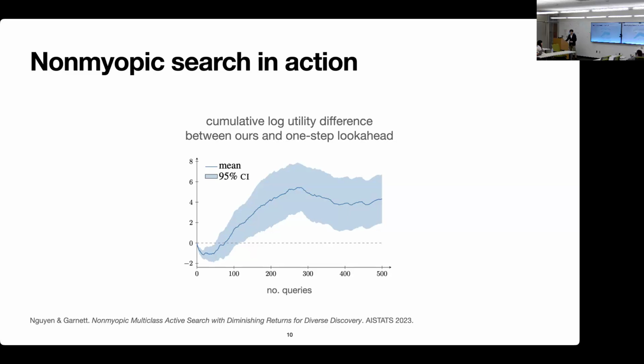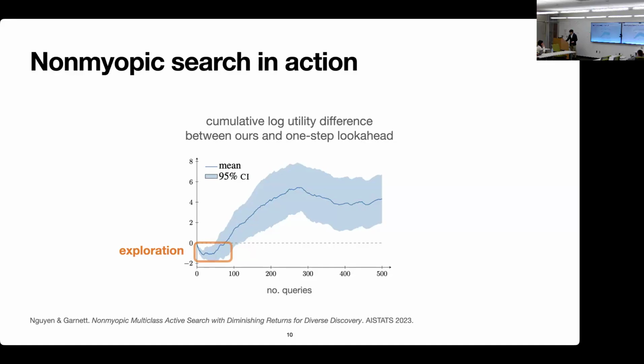So this trend actually illustrates something interesting in decision making. In the beginning, our policy, which is non-myopic, spends some initial queries exploring the search space because it knows that there's still a lot of decisions left to make, a lot of experimental budget left. So it can afford some initial budget exploring the search space, finding out about the search space more.